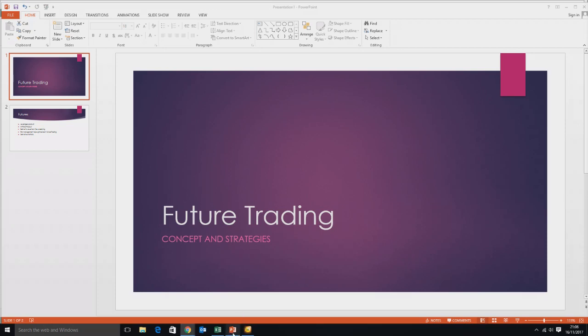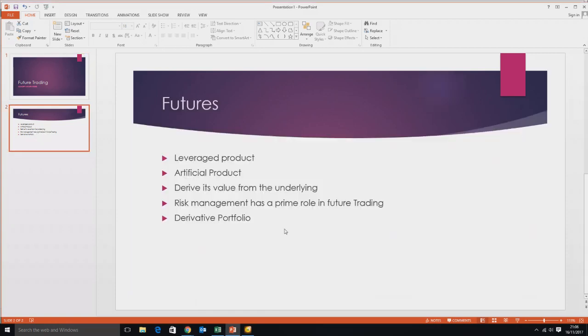So futures trading. We'll see the concepts and the strategy of futures trading, right? So in this, what is a future? It is a leverage product, and I'll explain all those things in detail. And it's an artificial product created by the exchanges, and it derives its value from the underlying on which that future has been traded.